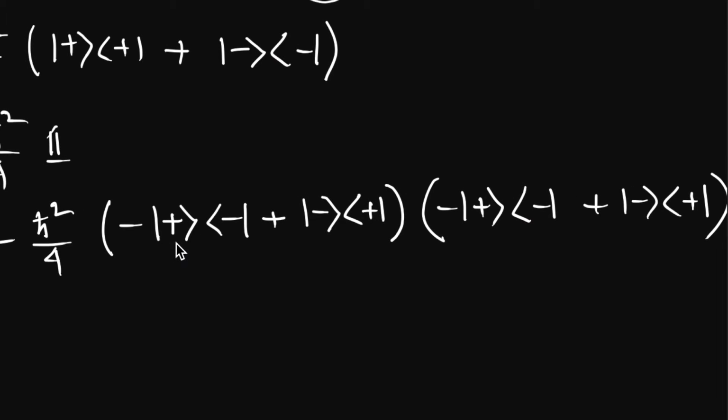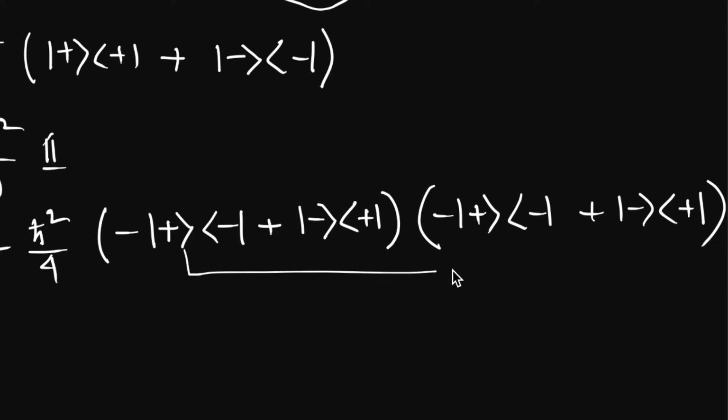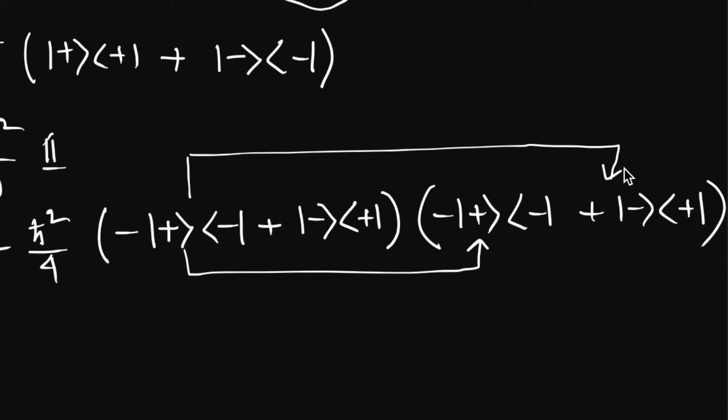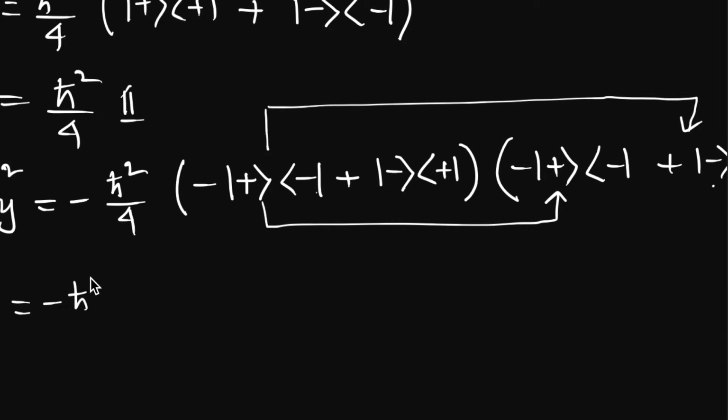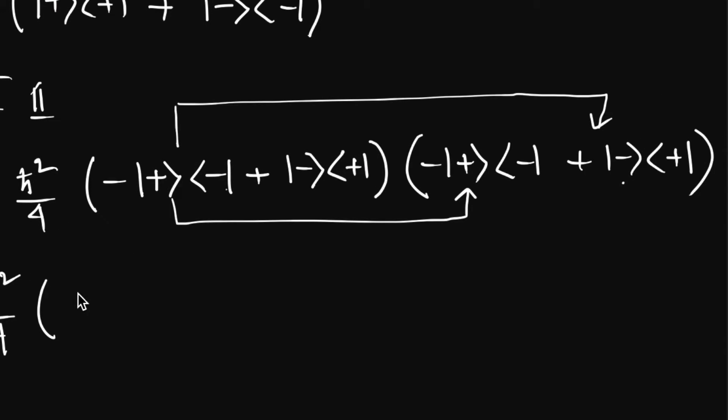So if we multiply this term with this term, since it is minus plus, it will give 0. If we multiply this term with this term, minus minus, it will be 1. Then that means only these terms survive. Minus ħ² by 4 into minus, plus.